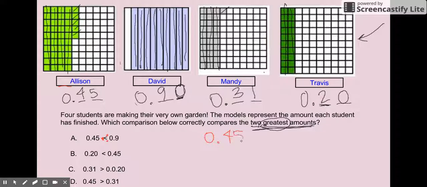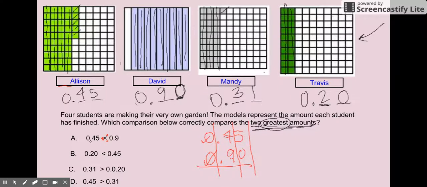Is 45 hundredths less than 90 hundredths? My ones, tens, hundreds. 0 and 0 are the same. That doesn't help me. But 4 and 9, the 4 is smaller than the 9. The 4 tenths is smaller than 9 tenths. So 4 tenths, or 45 hundredths, is truly smaller than 90 hundredths.